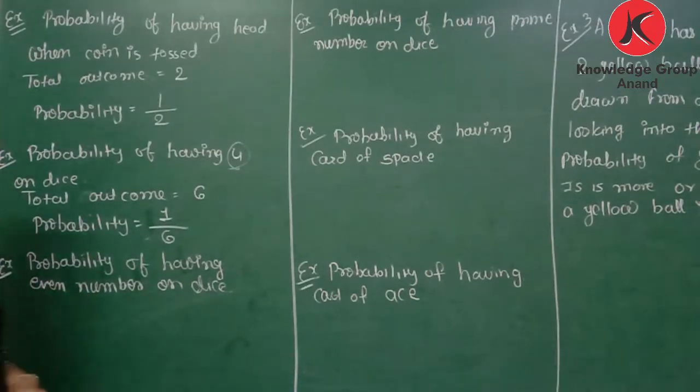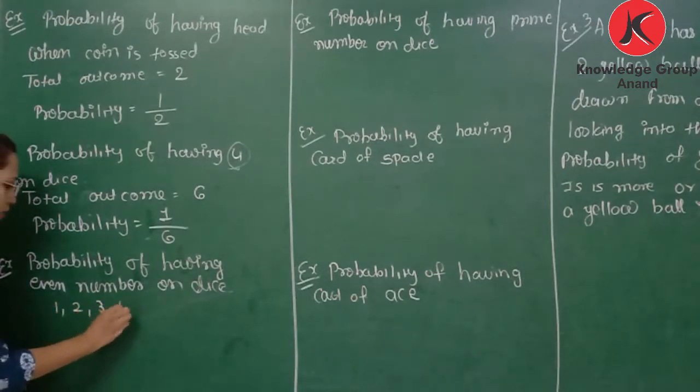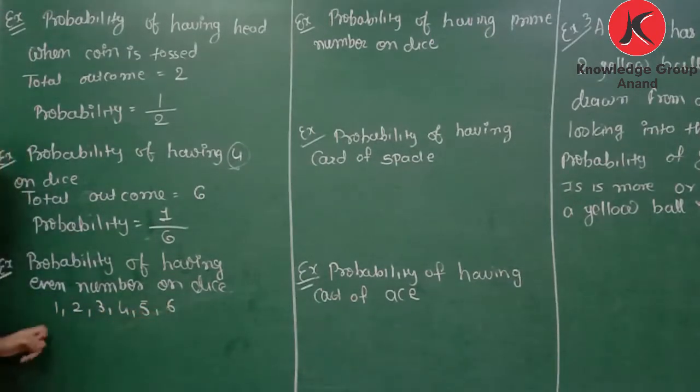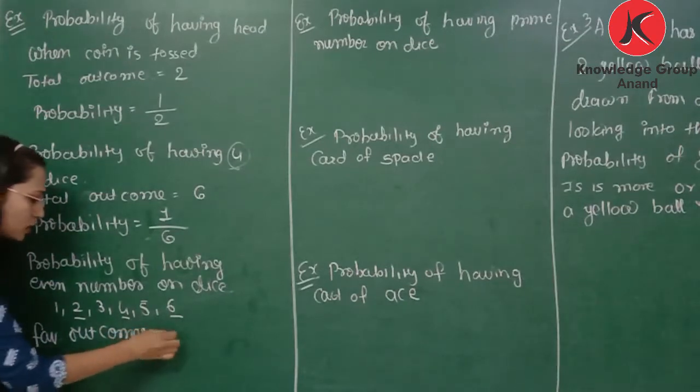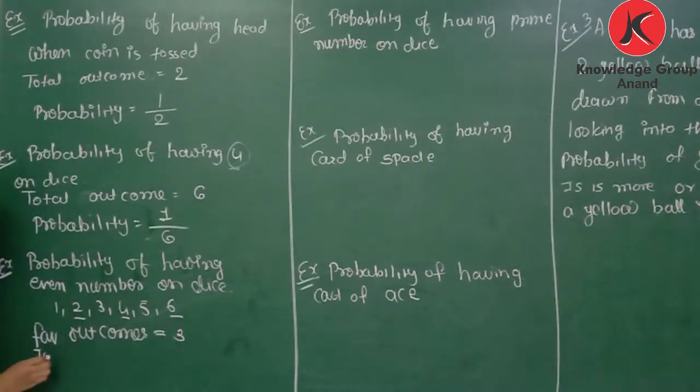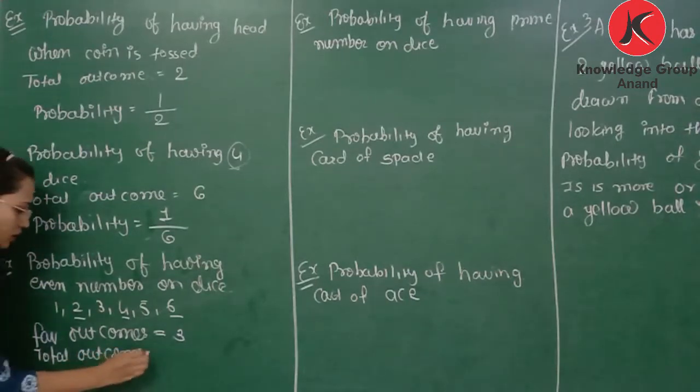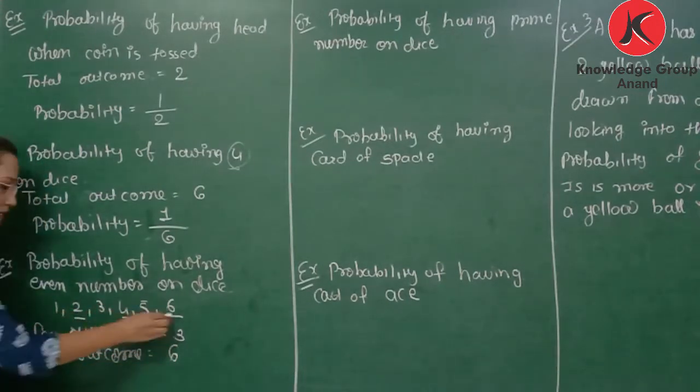Probability of having an even number on a dice. Now, how many numbers are there on a dice? There are 1, 2, 3, 4, 5 and 6. In this, how many even numbers do we have? You can see 2, 4 and 6. So favorable outcome is 3. Total outcome is 6, because there are 6 outcomes.